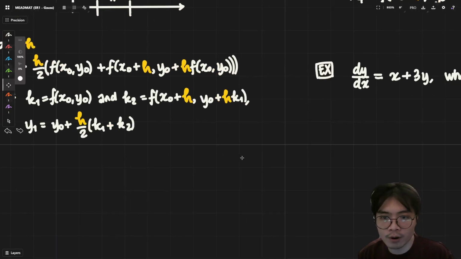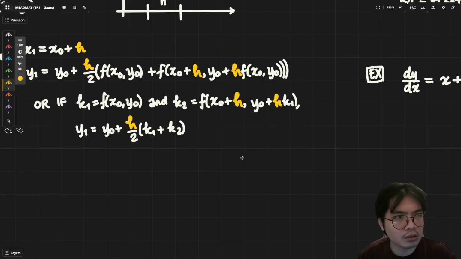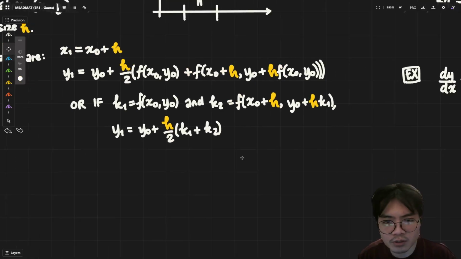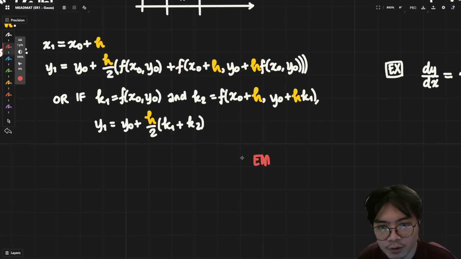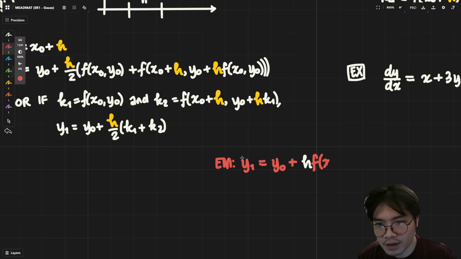Notice that for Euler's method, maybe Euler's method is red, your next iteration of y will be y0 plus h times f of x0, y0, right?